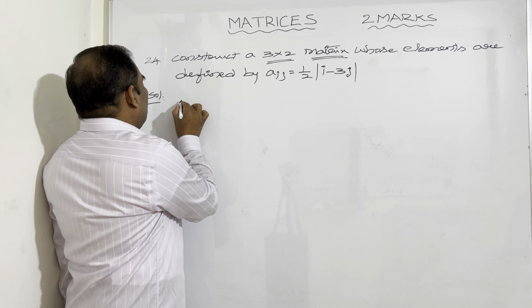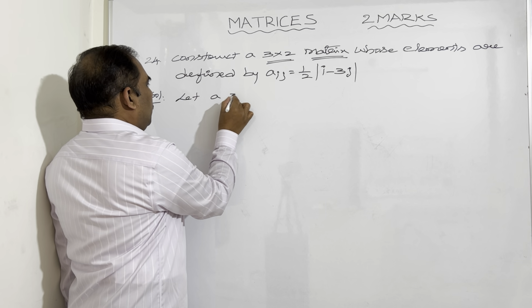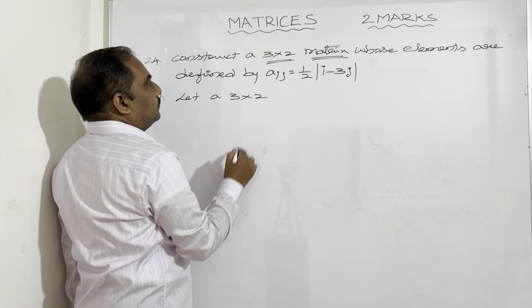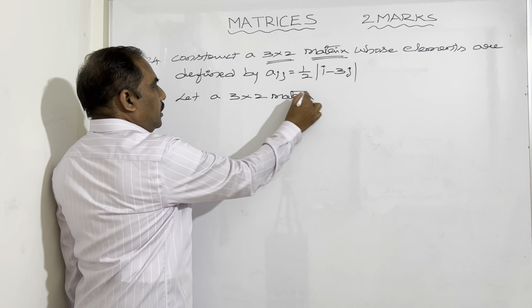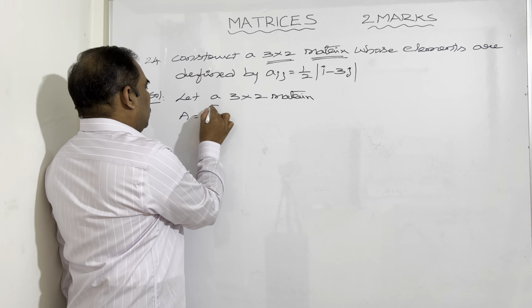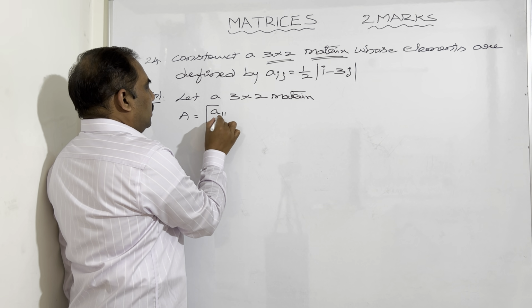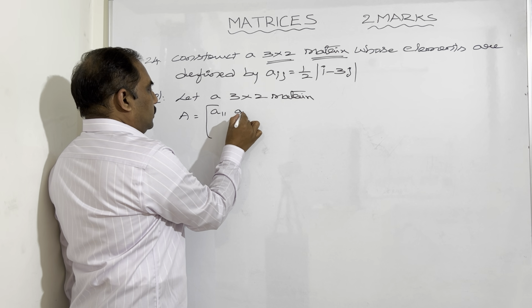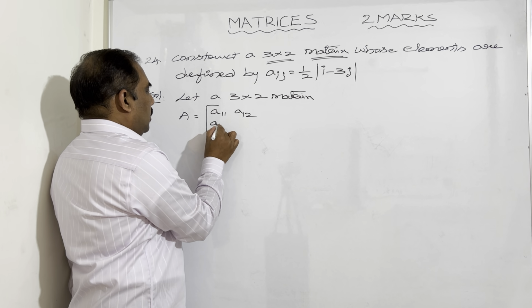So let a 3 by 2 matrix capital A be, so here I am taking A11, that means first row, first column element. A12, first row, second column element.